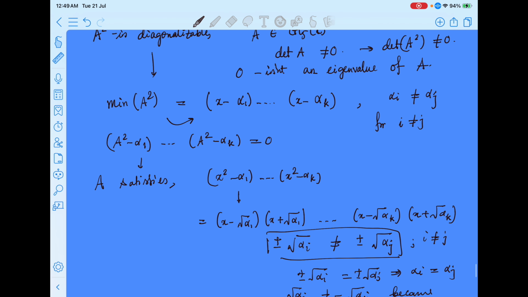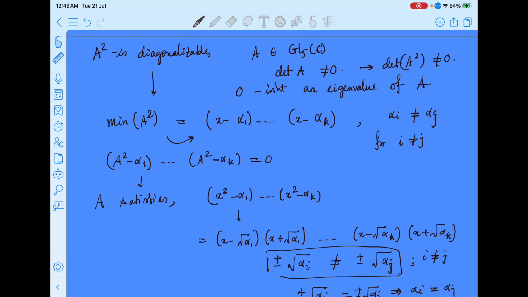Why? Because look at this, A belongs to GL5C. What that means? That means determinant of A is non-zero. Determinant of A square is non-zero. So 0 is not an eigenvalue of A square, right?